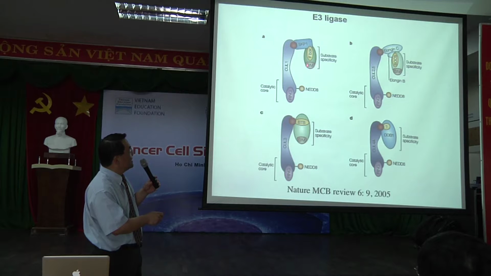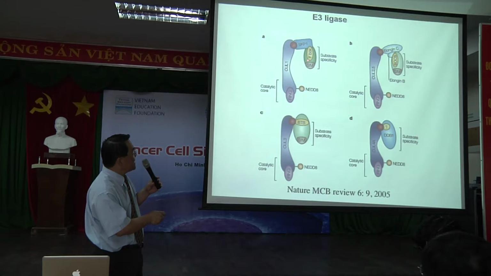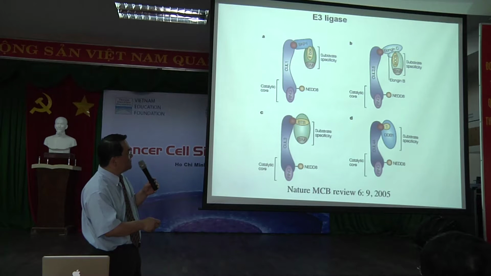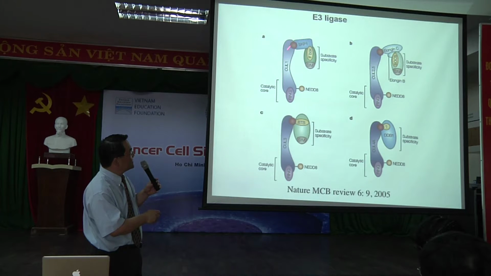And the F-box protein has a motif to recognize substrate. That is for S, C, F. SKP1, CUL1, F-box protein for SCF, and they sometimes associate with a ring-containing protein for the whole SCF activity.